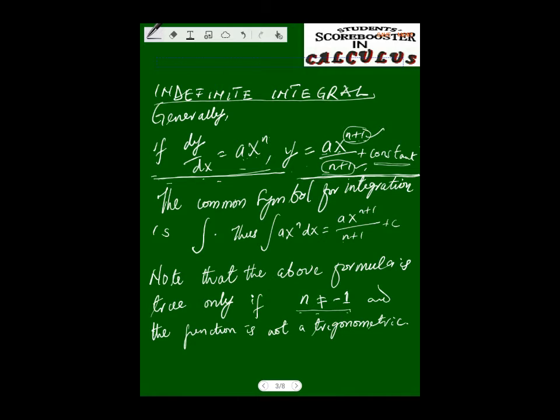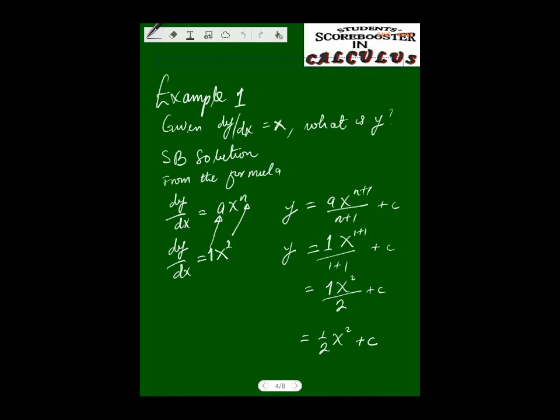Okay, so let's see the first example, example 1. Given that dy/dx is equal to x, what is y? So the score booster solution goes thus. I'm just going to take it as if we are teaching JS1 or SS1 students, just for you to understand.